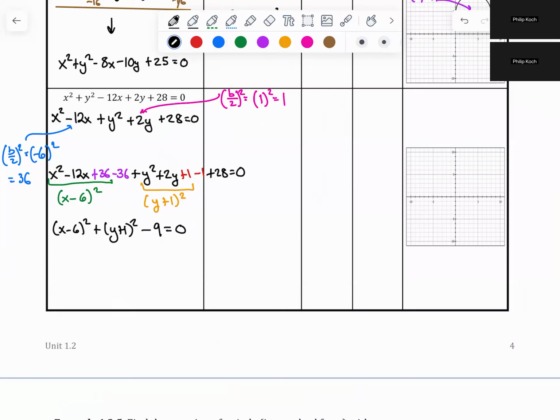Add 28 is -9. But that's not in standard form, but that's very, very close. All we need to do is add the 9 to both sides to get it to be in the right format, which is x minus 6 quantity squared plus y plus 1 quantity squared is equal to 9. Whew. A lot of work.